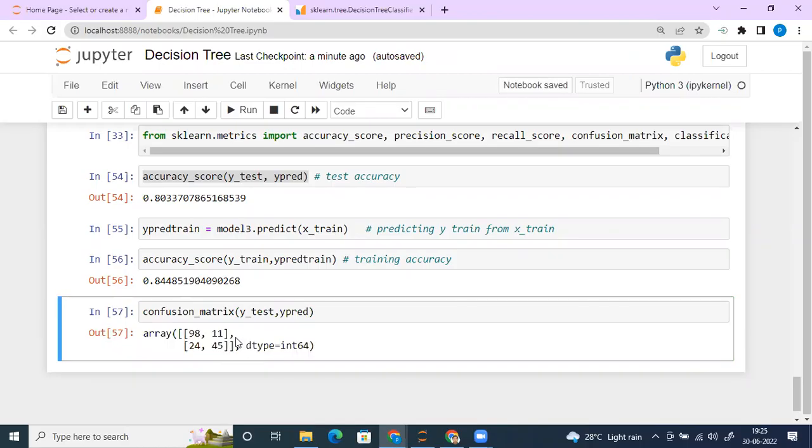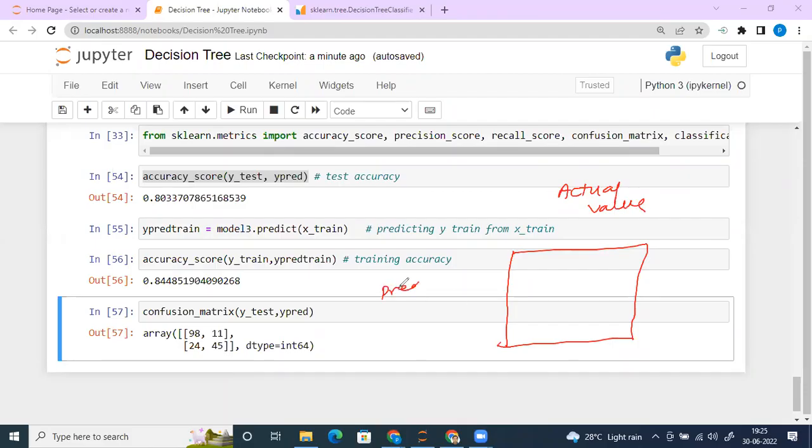See, everyone, this is important. We're getting a sort of array here. Suppose here I make a matrix, something like this. Here we have actual values, and here we have predicted values. We have two classes here, 0 and 1.